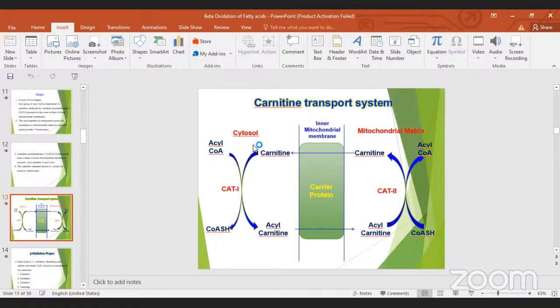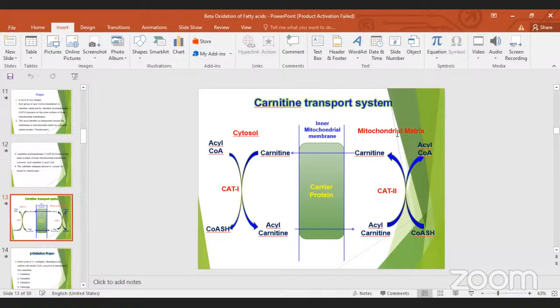This is the cytosol, this is the mitochondria, this is the inner mitochondrial membrane, and this is the mitochondrial matrix. This is how the acyl group is transported from the cytosol into the inner mitochondrial matrix.